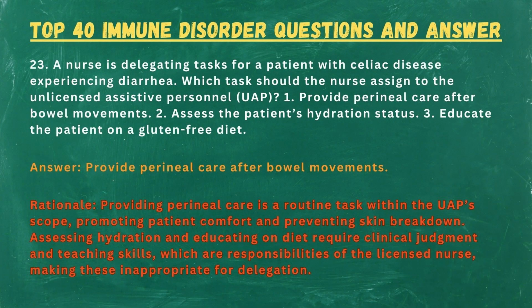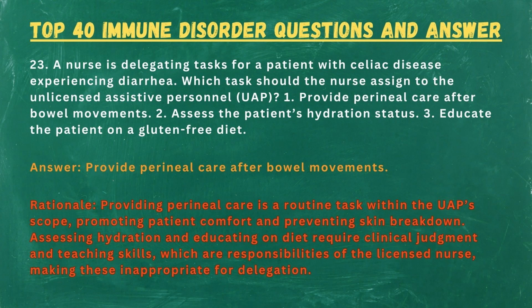23. A nurse is delegating tasks for a patient with celiac disease experiencing diarrhea. Which task should the nurse assign to the unlicensed assistive personnel, UAP? 1. Provide perineal care after bowel movements. 2. Assess the patient's hydration status. 3. Educate the patient on a gluten-free diet.